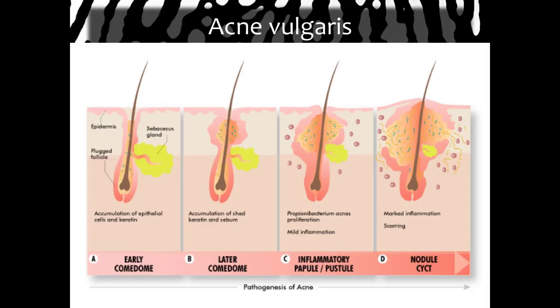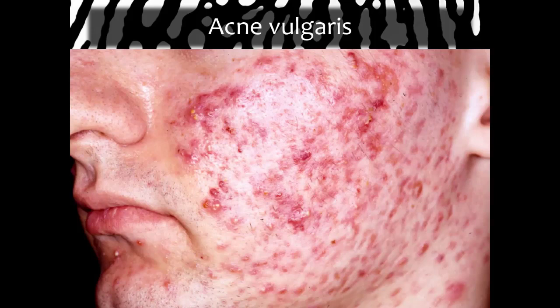Acne vulgaris is another condition caused by inflammation of the hair follicle and accumulation of sebum within the hair follicle, with marked inflammation in its neighborhood. It looks like that.